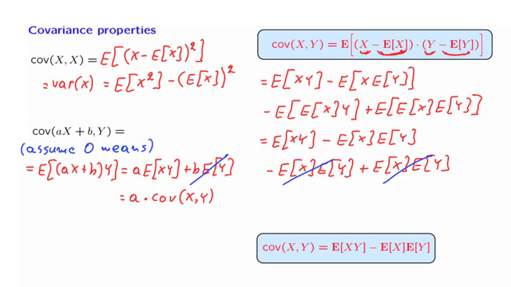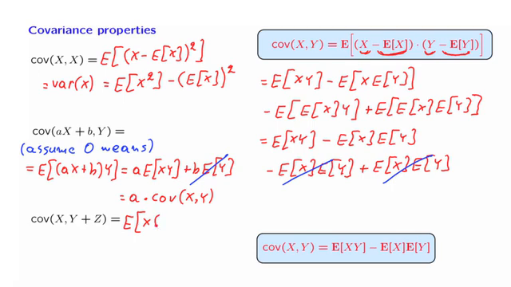difference is not affected. As our final calculation, let us look at the covariance of a random variable with the sum of two other random variables. Again, we assume zero means, and so the calculation is as follows.